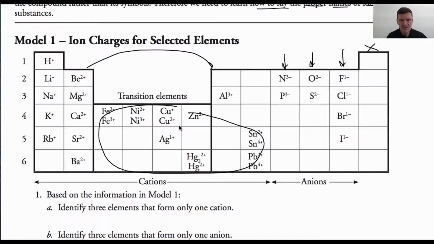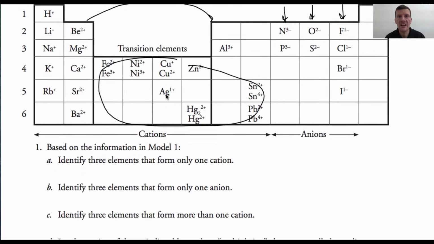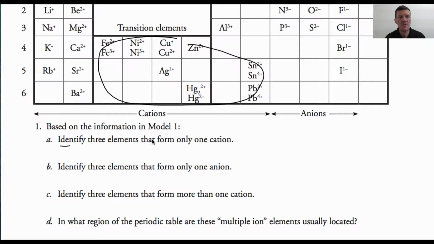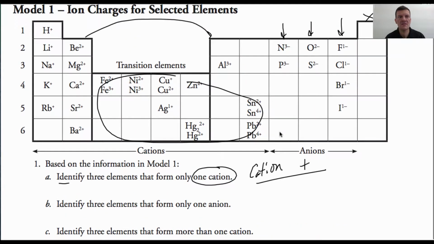So having set up this model, let's now go through and answer some of these questions, and it'll help us develop our understanding of naming ionic compounds. So identify 3 elements that form only one cation. Cation is positive ions. So we're looking at positive.